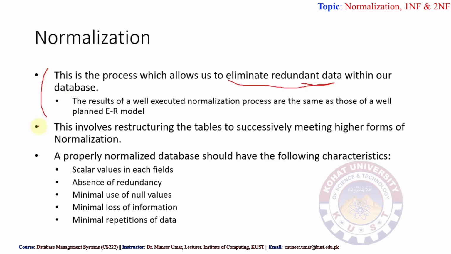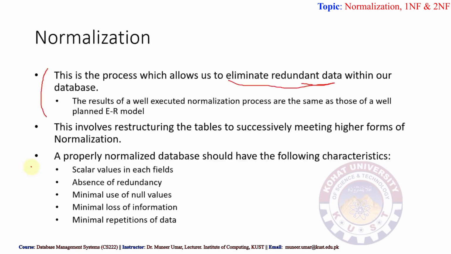As I told you, normalization is a process, and this process involves the restructuring of tables. It means that we decompose different tables according to some rules, so that we eliminate redundancy among the attribute values in different tables.